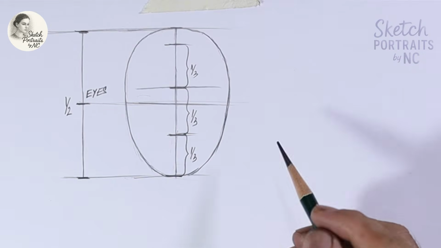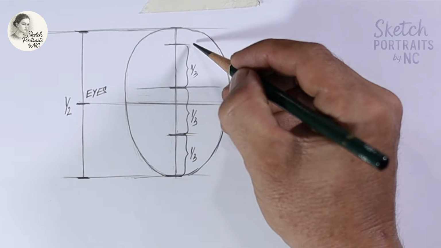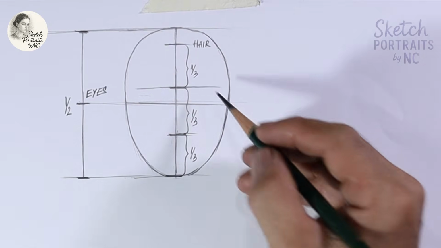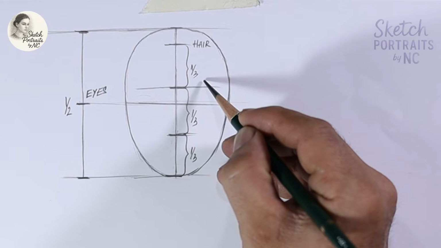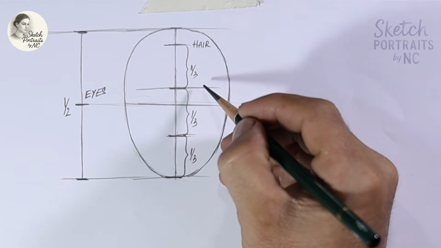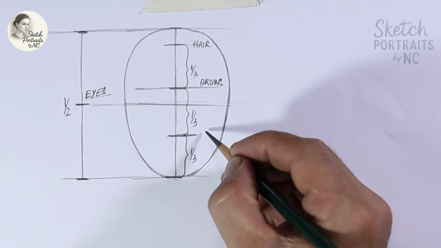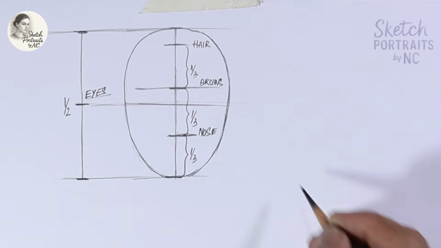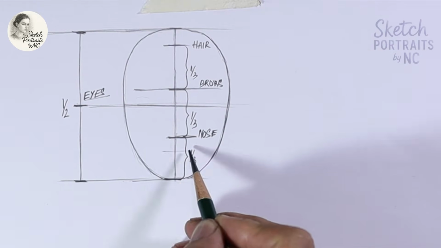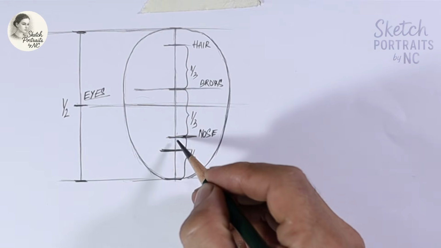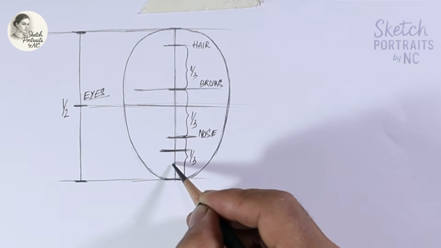From the base of the nose to the chin. The mouth is located about 1/3 above the segment from the nose to the chin.